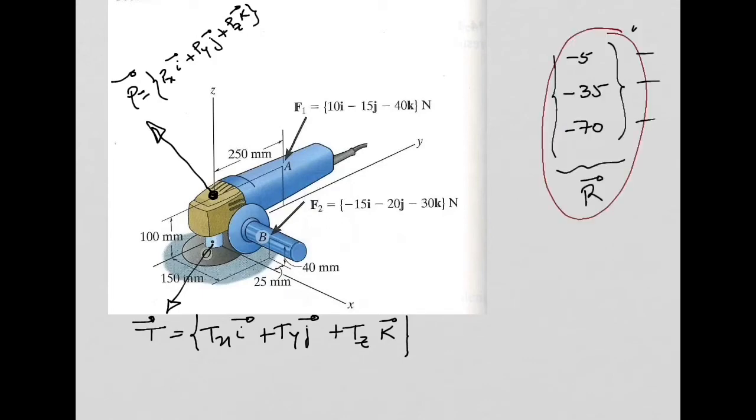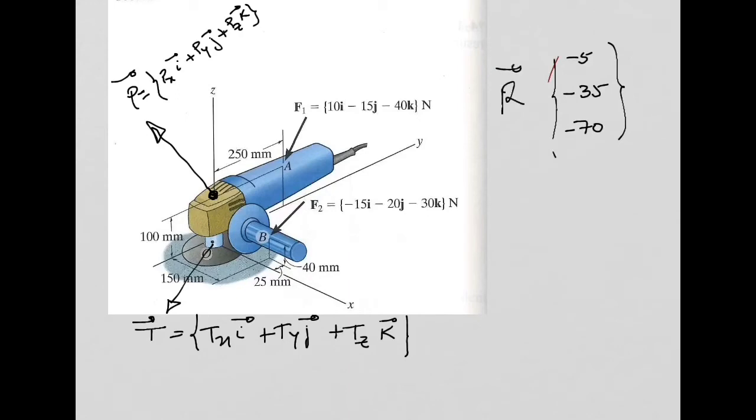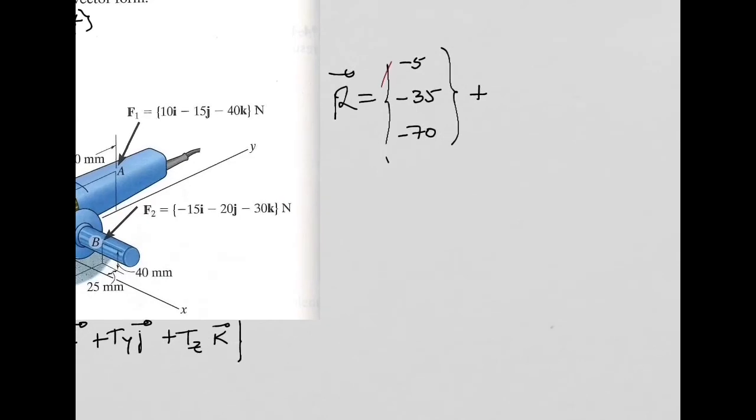Okay, so this is the previous resultant that we had. Now I'm going to say that my resultant is going to be equal to this plus, now I need to add what?